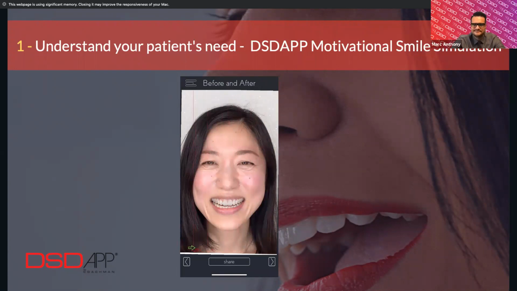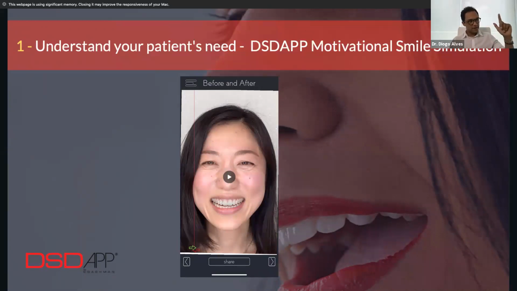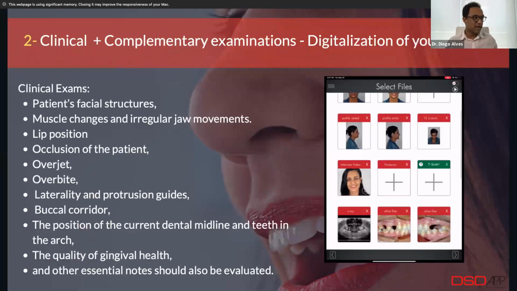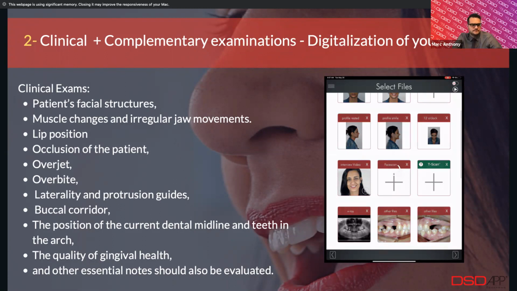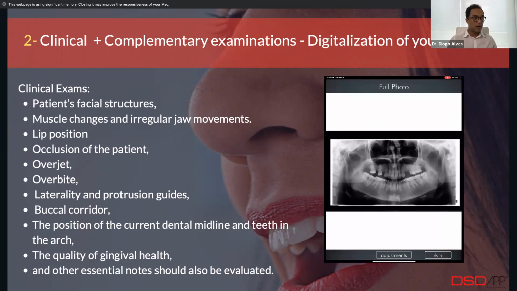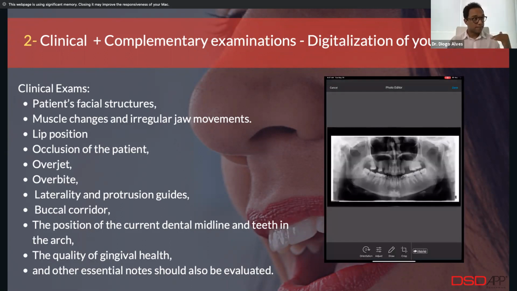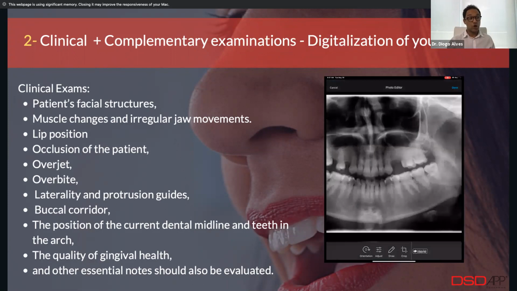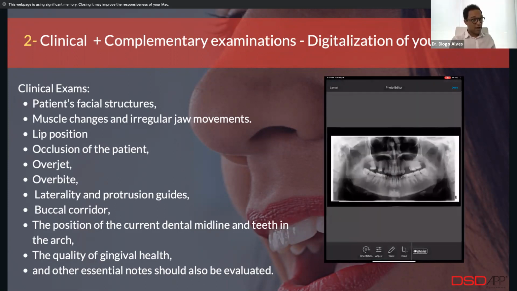Then of course, once you're doing your clinical exam, you have to pay attention to some structures on the patient's face and teeth. For example, the patient's facial structures, such as muscle changes and irregular jaw movements, which you would have to treat first.